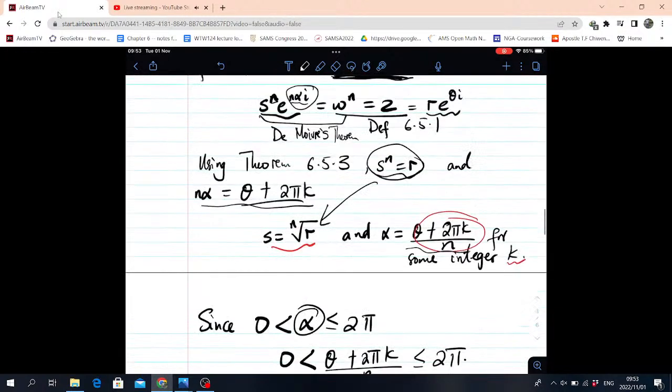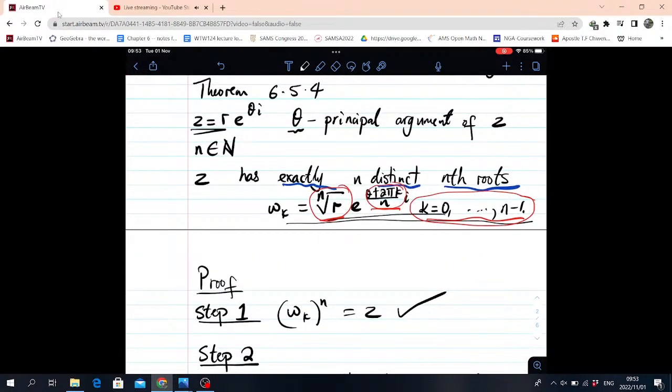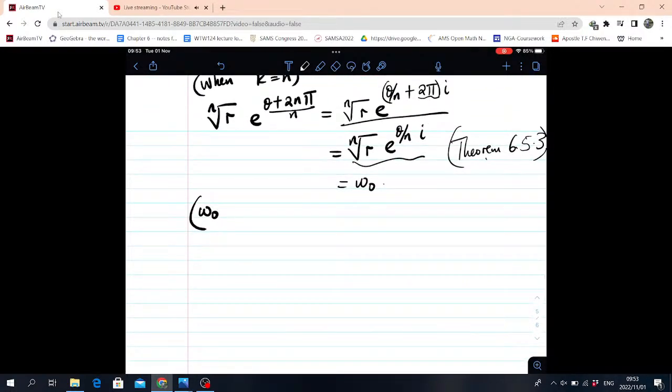You can put this as an aside just to see why this is equal to w naught. If you look at what we are given as w naught, you'll see that w naught is going to be the nth root of r e to the, so when k is equal to 0, this disappears and you're left with i theta over n. So this would be w naught, and that's just what we have here. From the formula that we are given in the theorem, this is w naught.